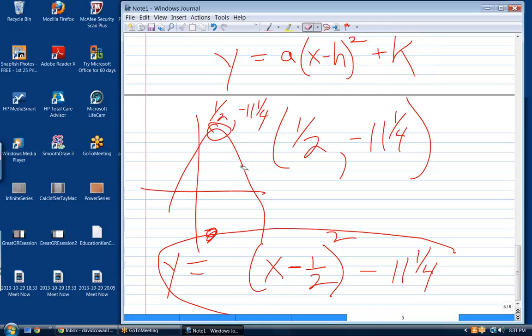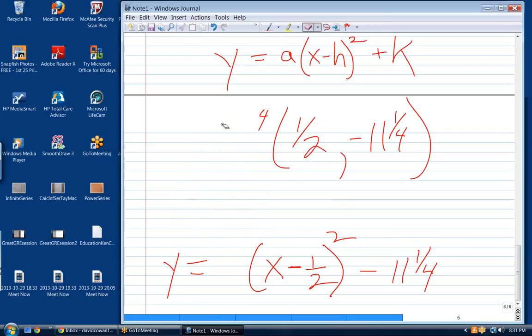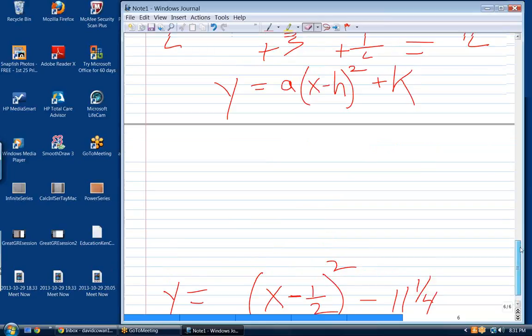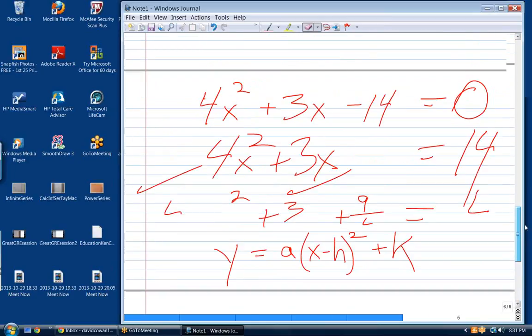One where I had to balance it out by adding to the other side of the equation, and one where I had to balance it out by adding to the same side of the equation. Okay. The only difference is the sign you put on it. Just always make sure that you can never change the equation. You can manipulate it, but you can't make it different. Whatever you start with, you got to end up with.